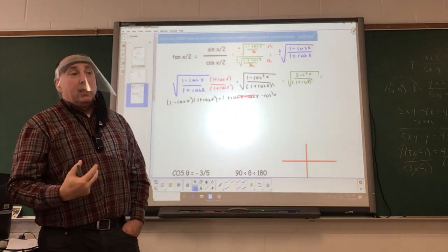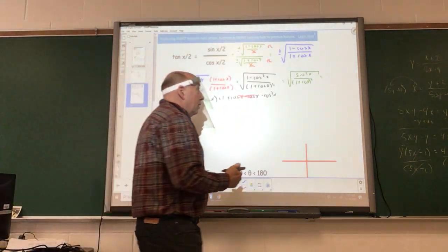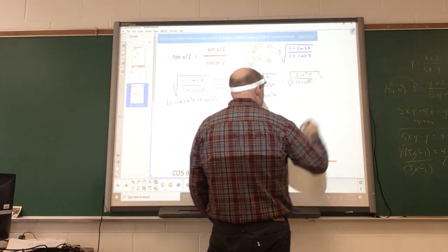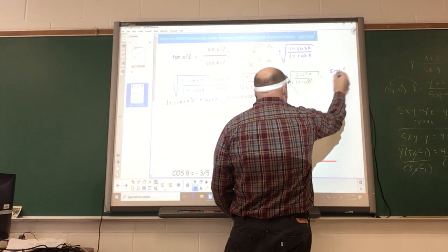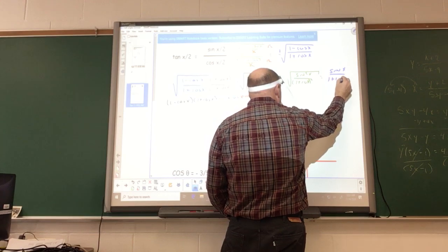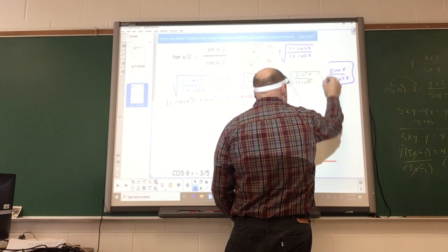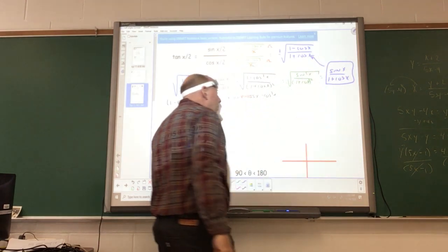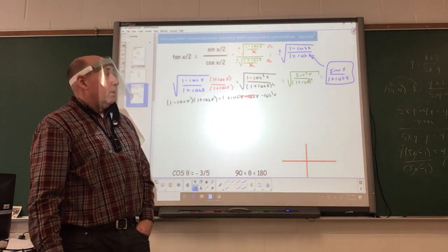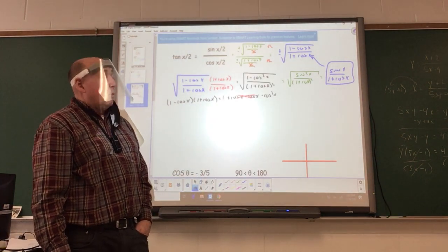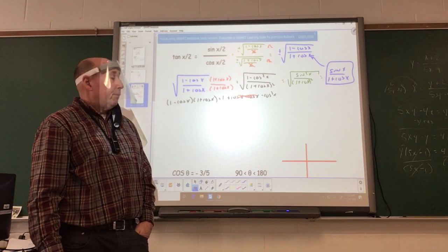Both of these terms are being squared. So what we are left with is the sine of x over 1 plus cosine of x. So your half angle formula can be reduced to sine of x over 1 plus cosine of x.